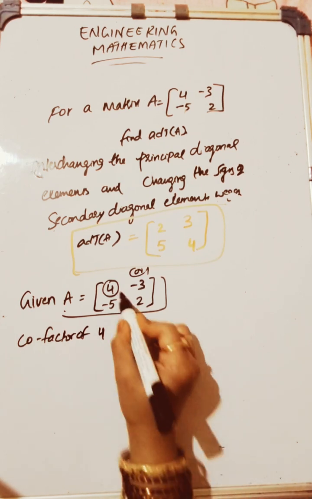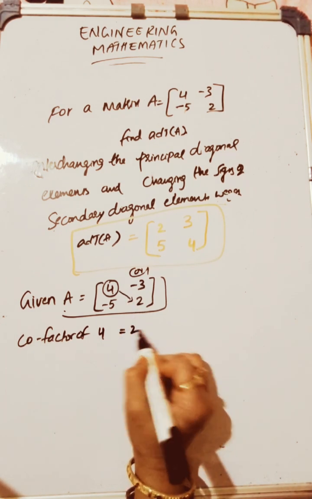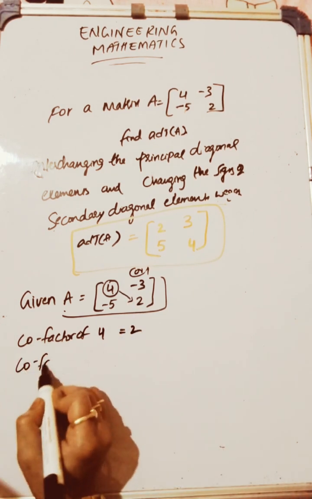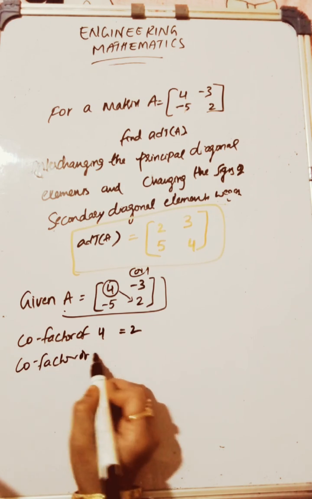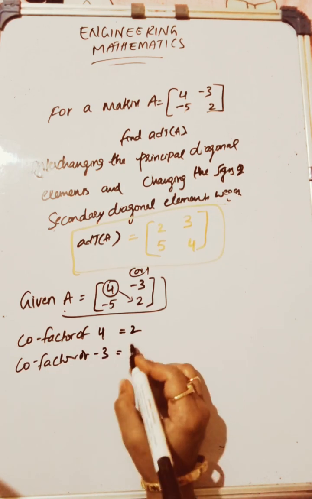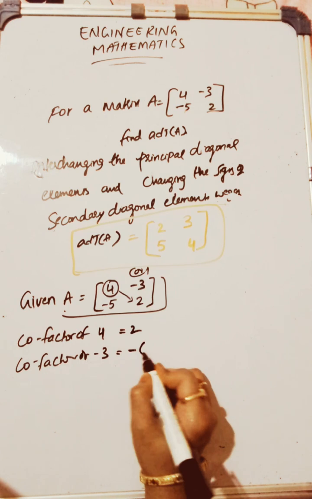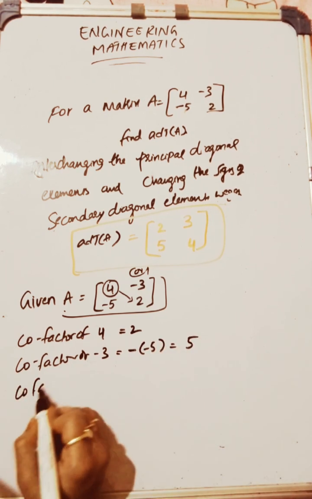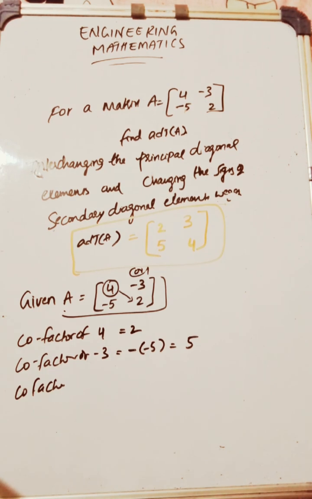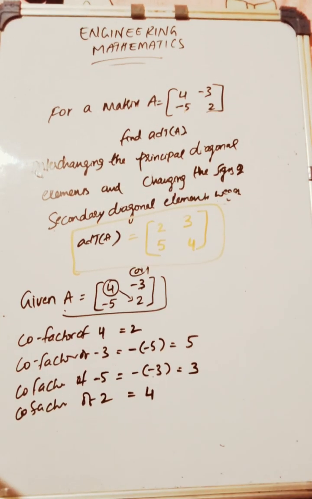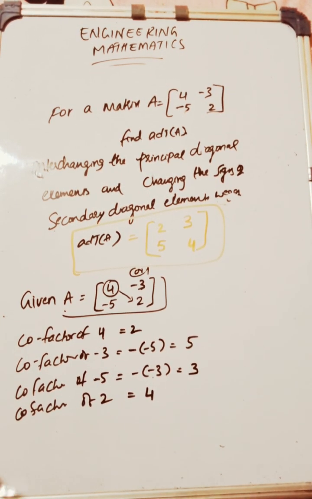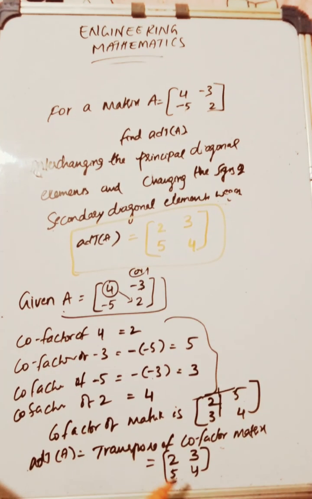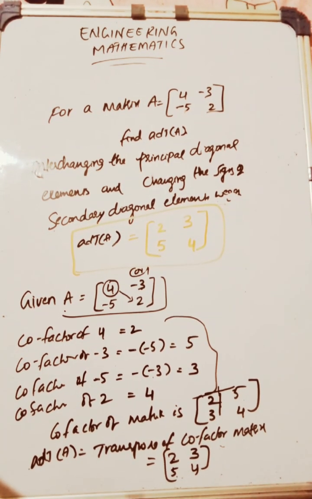First, the cofactor of 4 is equal to 2. The cofactor of minus 3 is the diagonal element with its sign interchanged, equal to 5. Transpose means nothing but interchanging rows and columns.